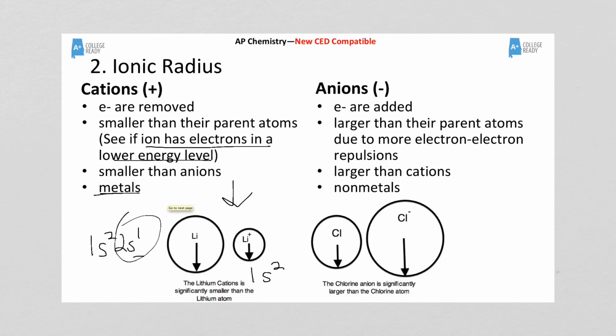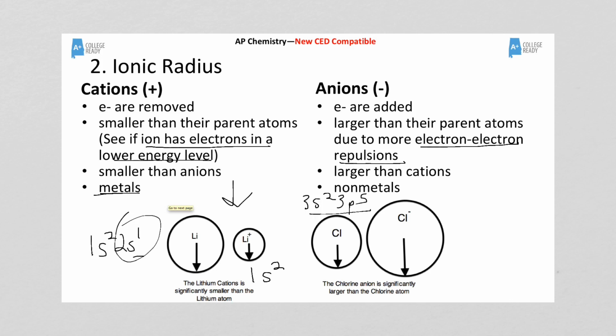So let's look at anions. This is where nonmetals are gaining electrons. Notice it's the opposite. These are larger than their parent atoms, and notice the reason is due to electron-electron repulsions. You can write the electron configuration of chlorine if you would like. I could do the shortened one, which would be neon in brackets, 3s2 3p5.